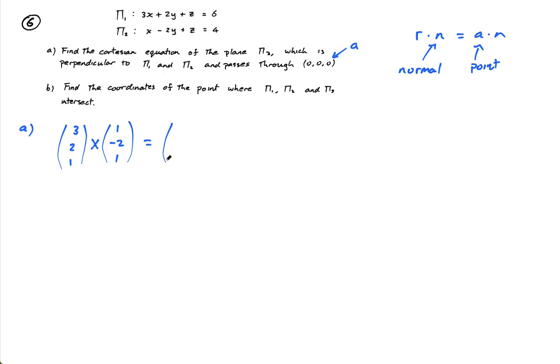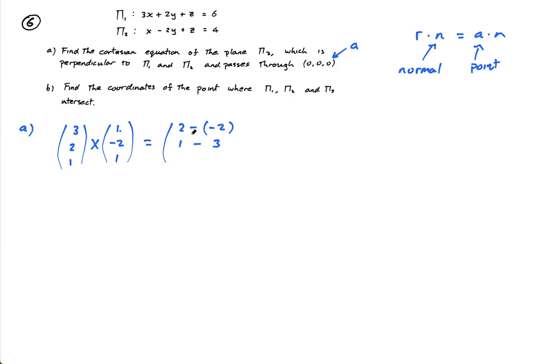To get the cross product, this is in the formula booklet, guys, and if you need further assistance, check out my lesson on this topic. It's 2 times 1 minus 2 times 1. Then we have 1 times 1 minus 3, this times this minus this times this.